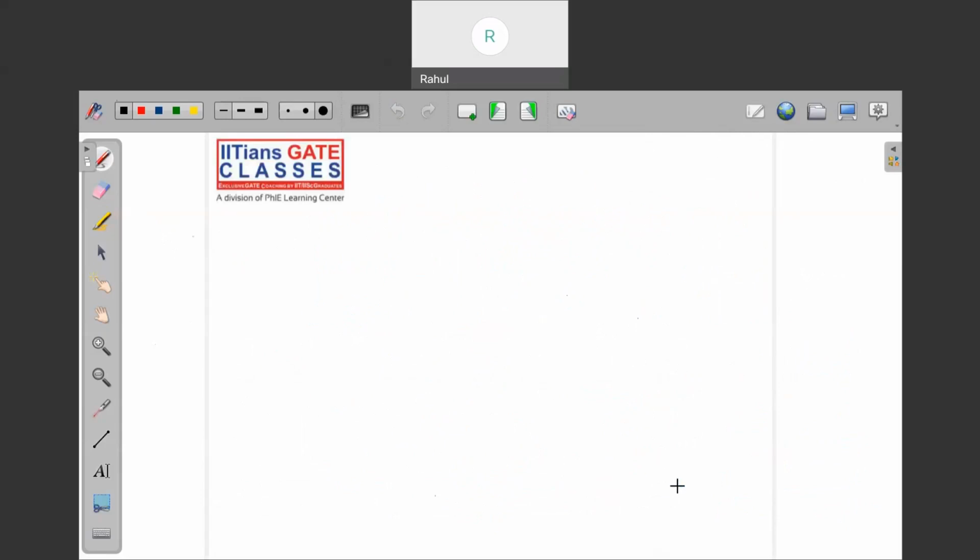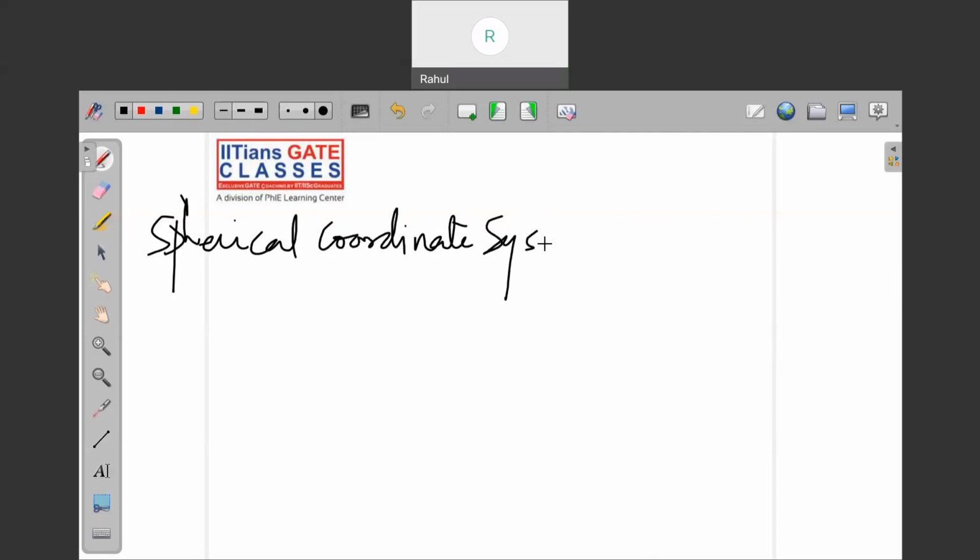Okay, right. So let us discuss the spherical coordinate system as well. Today's discussion is going to be on coordinate systems only. We have discussed the Cartesian coordinate system and its applications, and in the case of a cylinder, if you take a point on the cylinder, the coordinate system will be different and the direction is going to change.